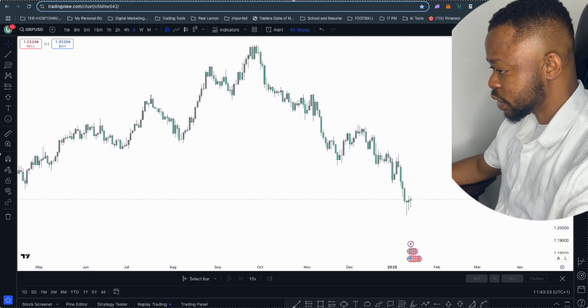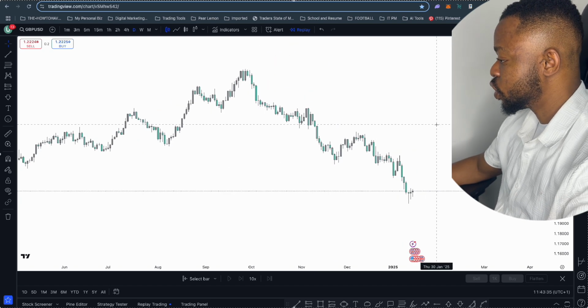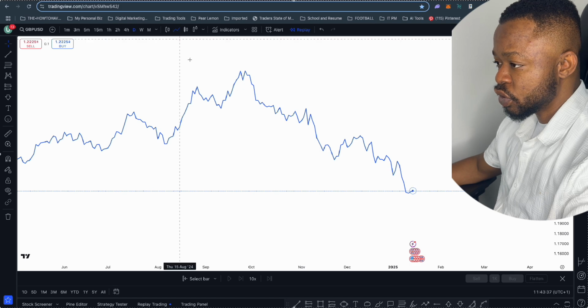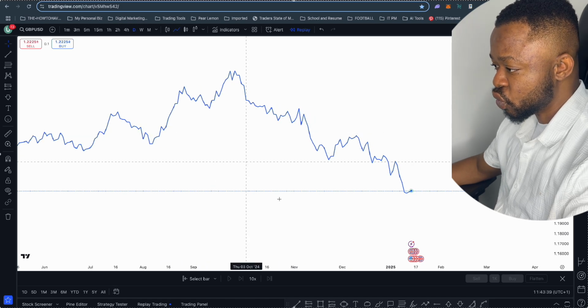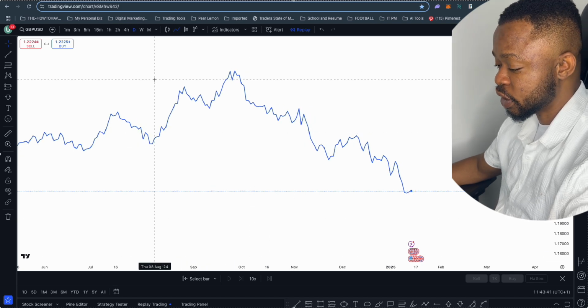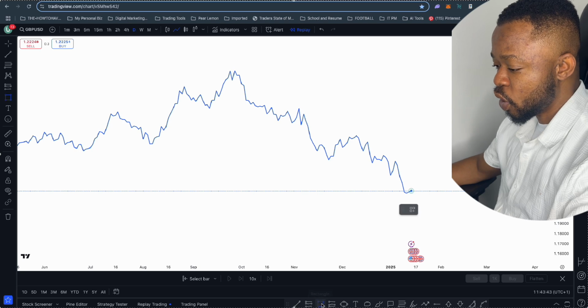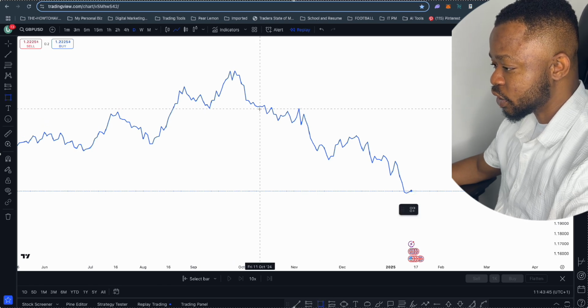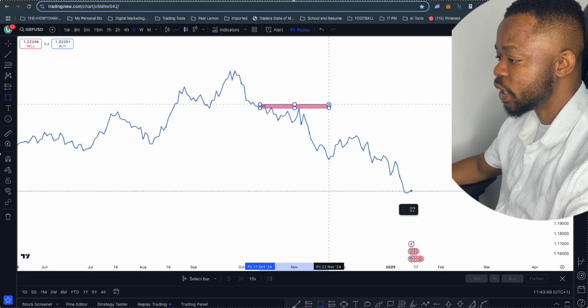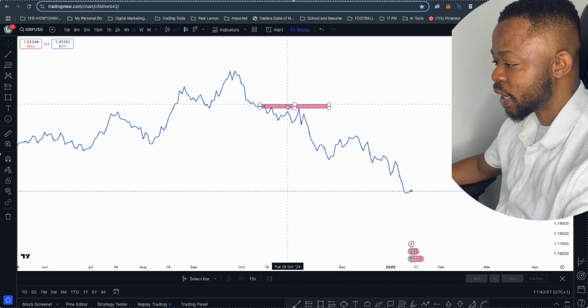So let me show you one or two ways you can improve your zone marking, or marking your support and resistance zones. What I do is I use the line chart. When I mark with the line chart, I'm able to see where price stopped last.